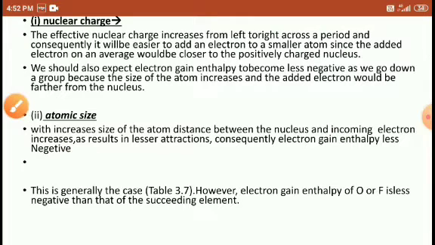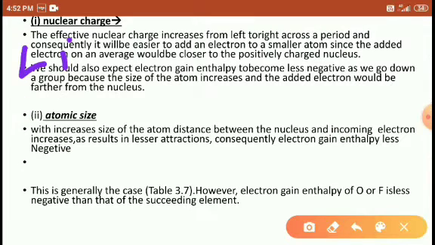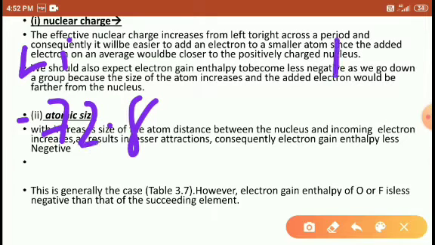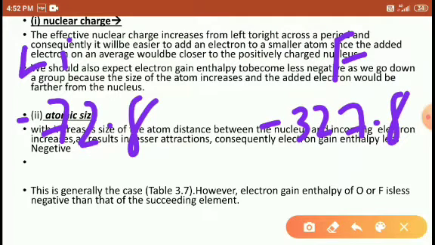Look here, I will give you an example. The lithium electron gain enthalpy is minus 72.8, and the fluorine electron gain enthalpy is minus 327.8. Okay, students.